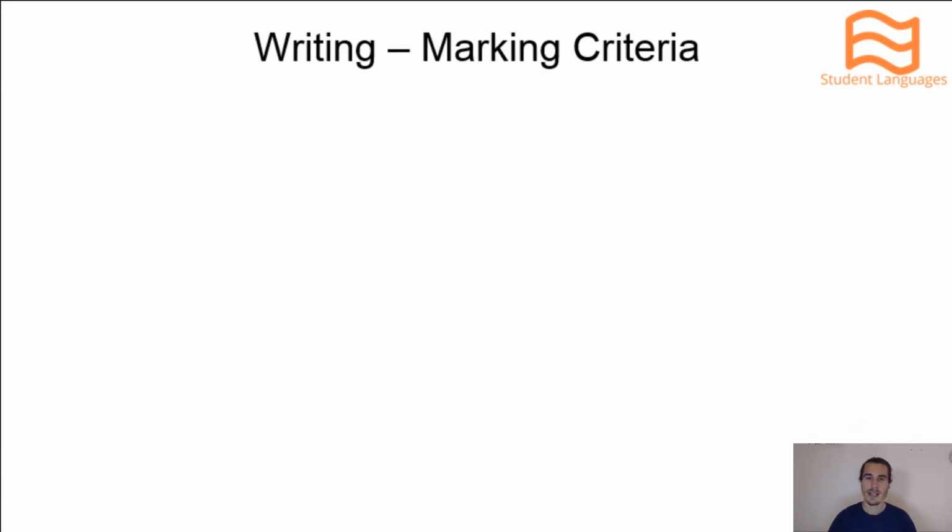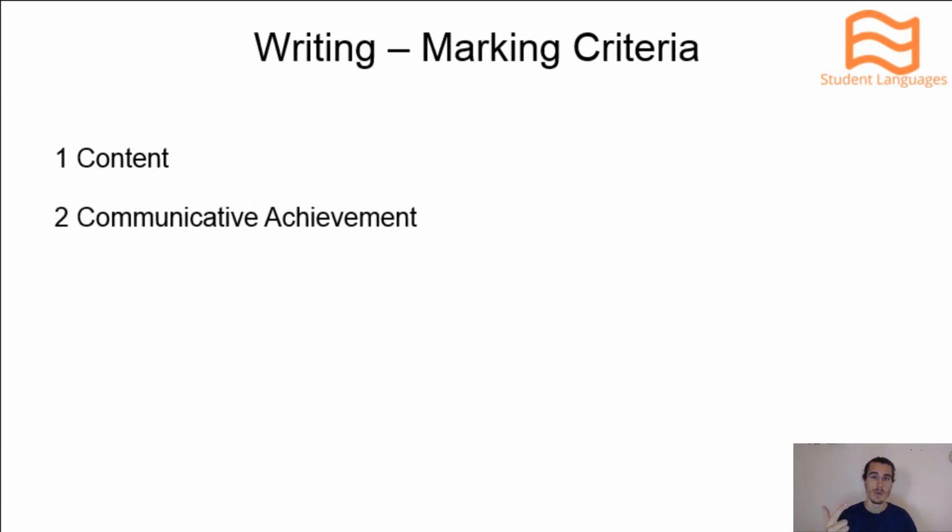So these are the criteria. These are what the examiners are looking for when they read your work. They want to see if you've done these things. Content. Have you answered the question properly? Communicative achievement. Have you been able to say what you wanted to say in an easy to follow way?